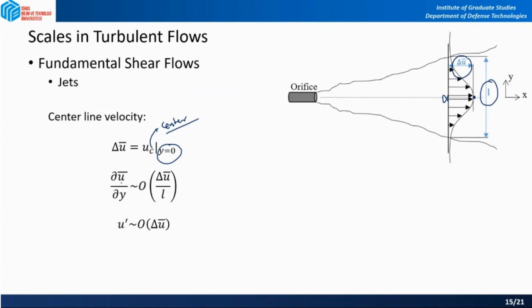Again, your shear is comparable to the ratio of delta U bar to L. And again, this U prime is the RMS of fluctuations, which is again in the order of your delta U bar.